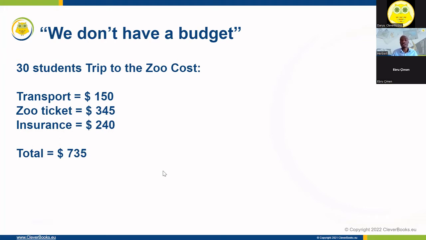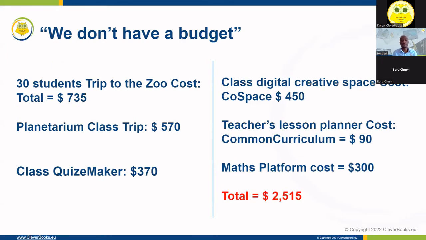And if we were to try and do all those things, exploration and creation and cooperation, you'll need something like taking students to a planetarium to learn about the planets. Going from the zoo at 735, class trips to learn about planets would be something like 570.